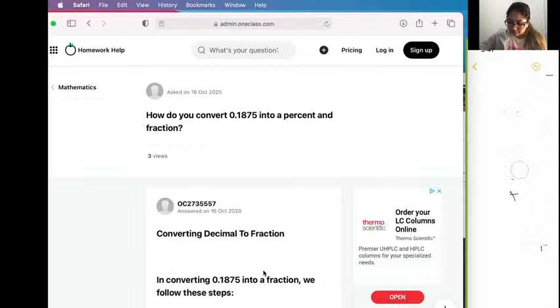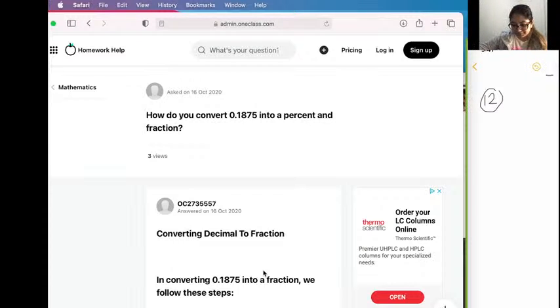And so, okay, so our next question says, how do you convert 0.1875 into a percent and fraction? Okay, so we're dealing with decimals here.